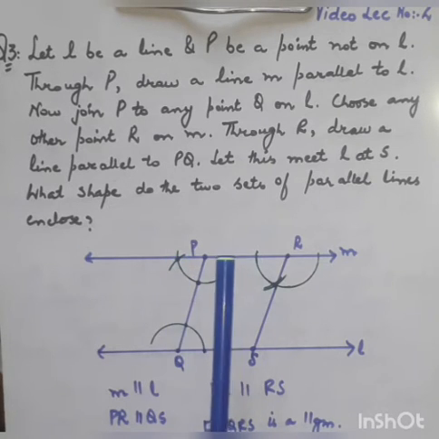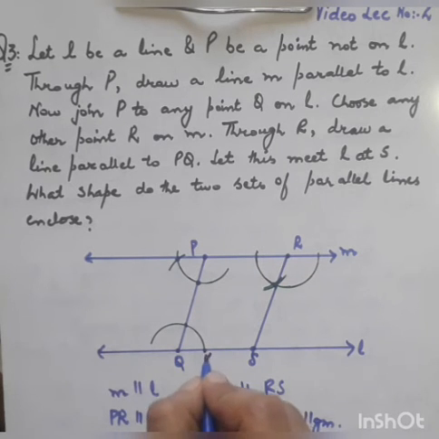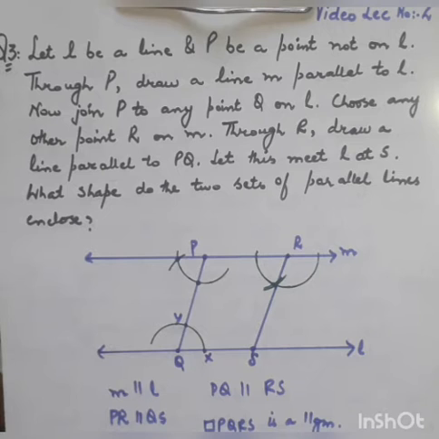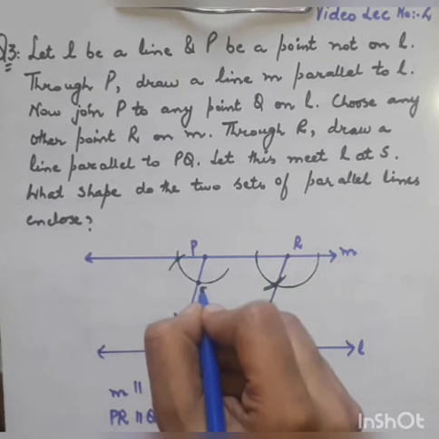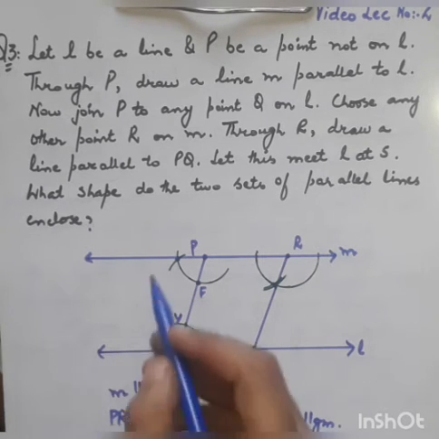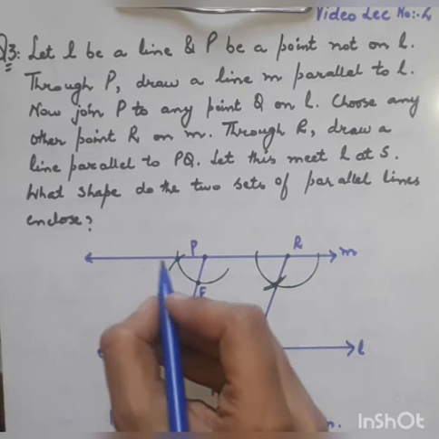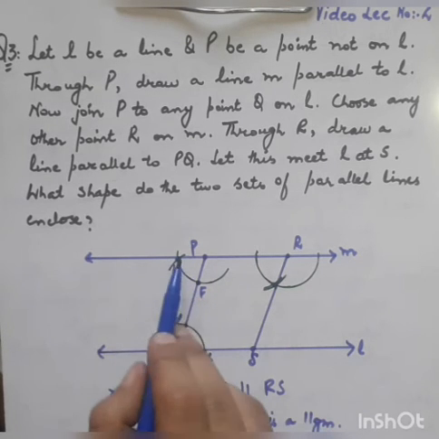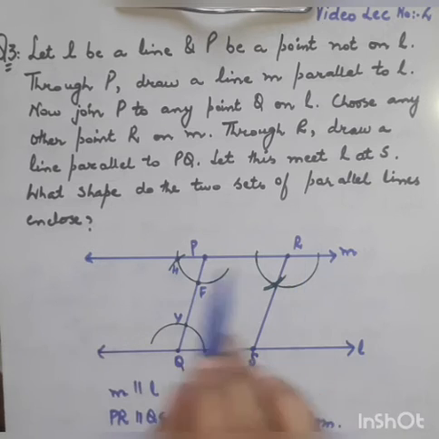Then adjust the opening of the compass. Say suppose this is point X and this is point Y. Adjust the opening of the compass equal to XY, and then with this point, say suppose this point is F, with F as center, draw another arc cutting the previously drawn arc, say suppose at H. Then join H to P, and extend the line. So this line M is parallel to line L.